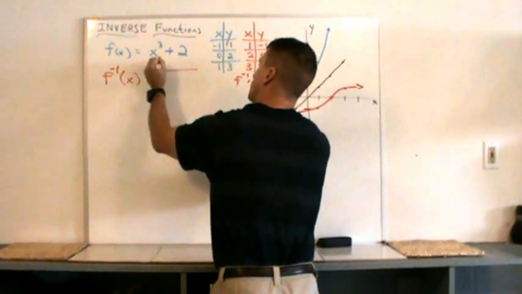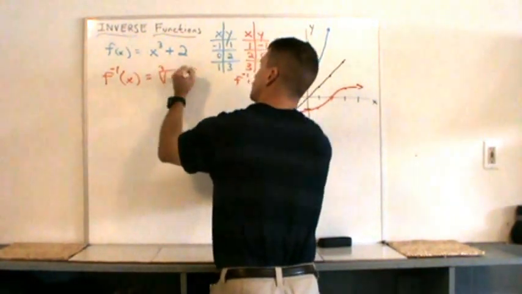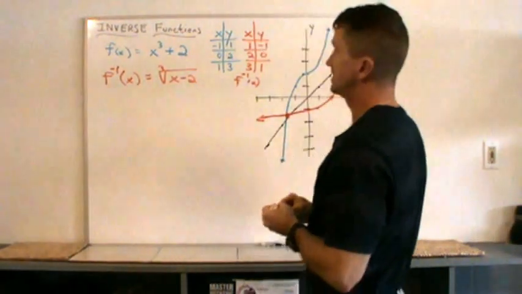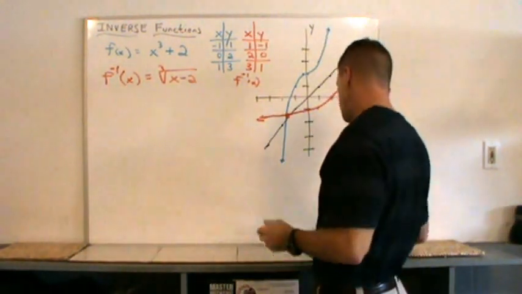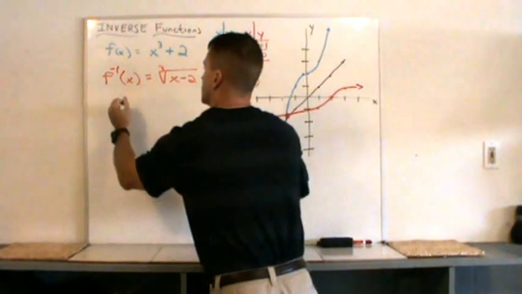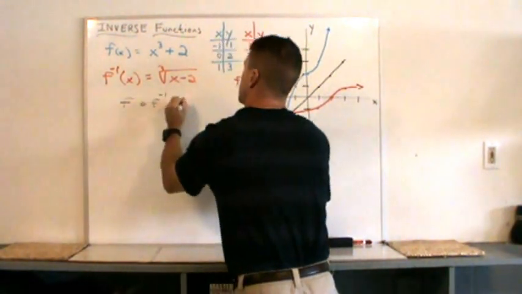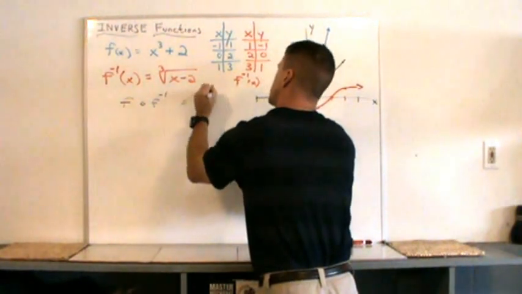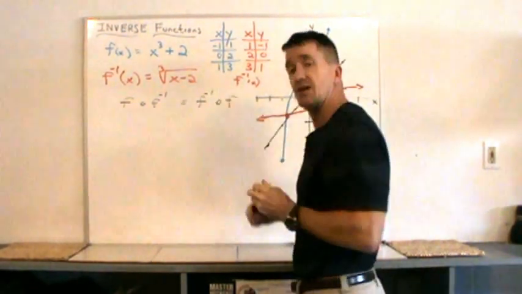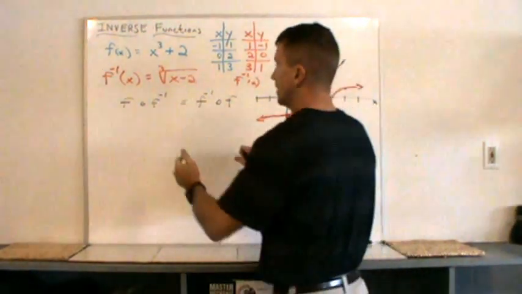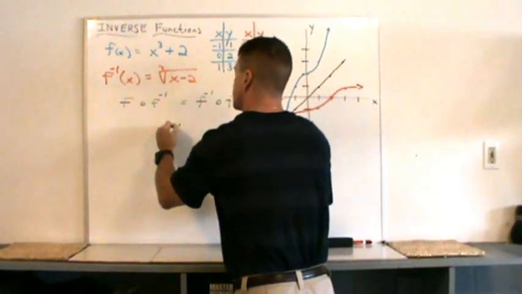Let me put it down. This is what we found, the cube root of x minus 2. Let's verify that that's the inverse of this function. There's a theorem, as I pointed out, that says f of f inverse must be equal to f inverse of f. It's composite functions.